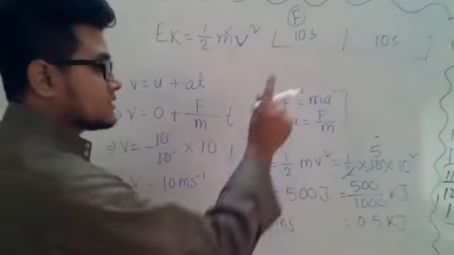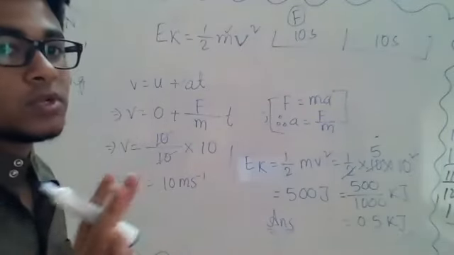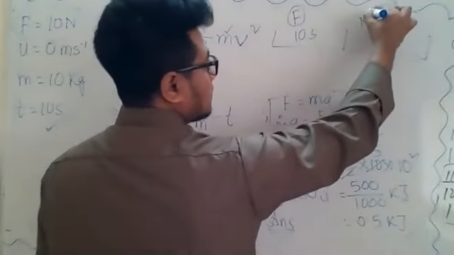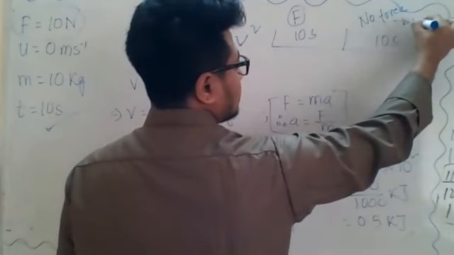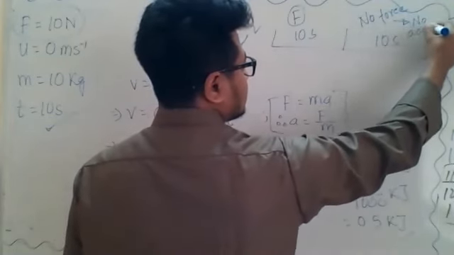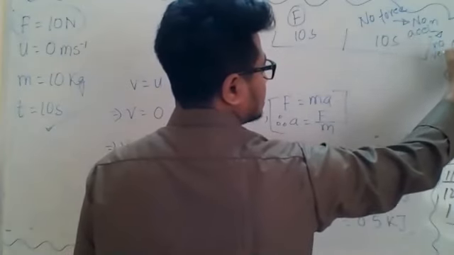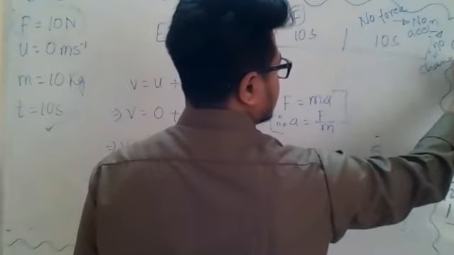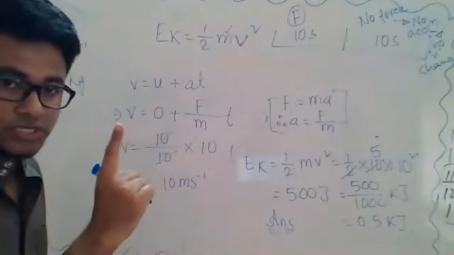In the next 10 seconds, as they did not mention any force, we will consider that no force was applied in this part. If there is no force, it means no acceleration, and no acceleration means no velocity change. As you can see in this part, velocity did not change.